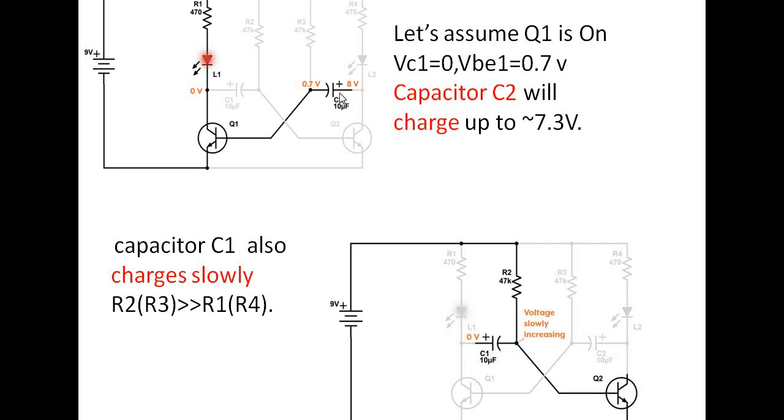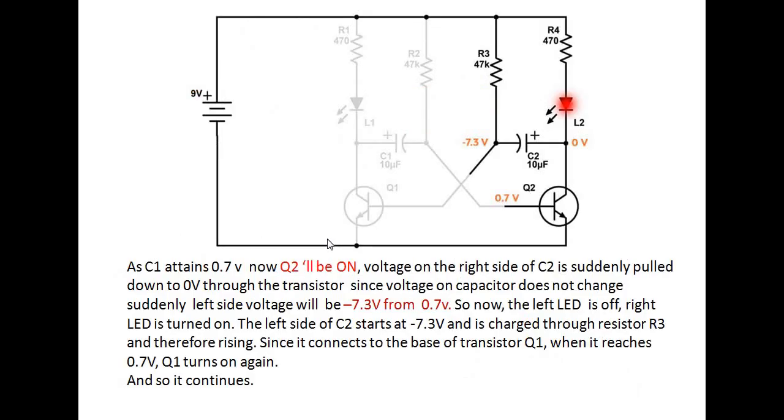Now this is the scenario. Capacitor C2 is charged up to 7.3 volts. Capacitor C1 is slowly charging. Now as C1 attains 0.7 volts, Q2 will be on, right. Why will Q2 be on?